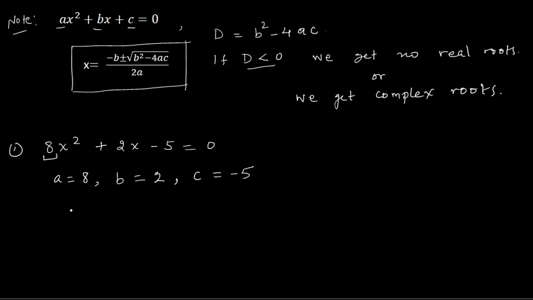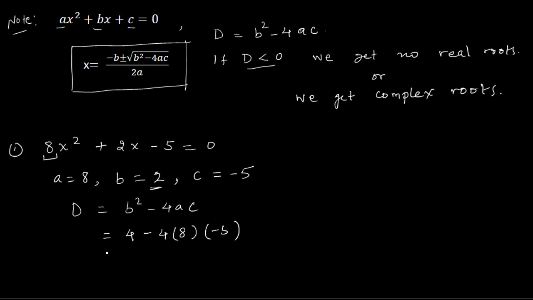Now let us find the discriminant D, which is nothing but B square minus 4AC. So this is 2 square, which is 4, minus 4 times A which is 8, and C which is negative 5.